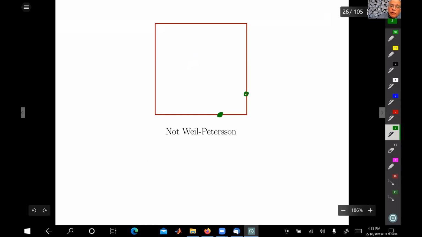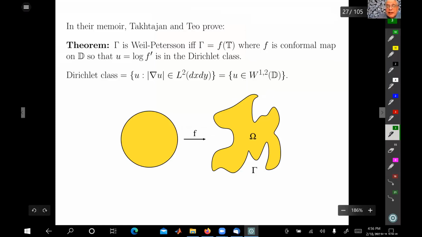If you take 2 points near a corner, the geodesic between them is √2 shorter than if you go on the curve. And that √2 is the same no matter how small you get. So the ratio doesn't go to 1, and so Weil-Petersson curves cannot have corners on them. They can have an infinite spiral, we can build that in, but we cannot build an actual corner into a Weil-Petersson curve. They're a little bit too smooth for that, okay?